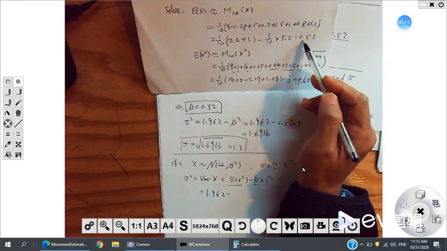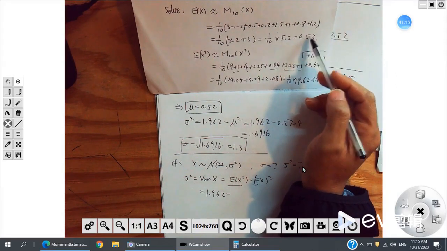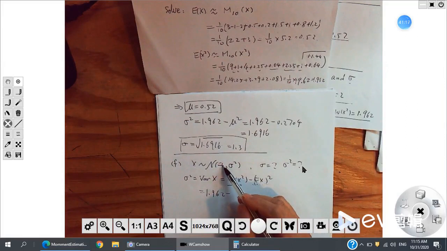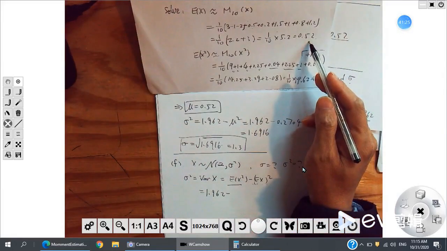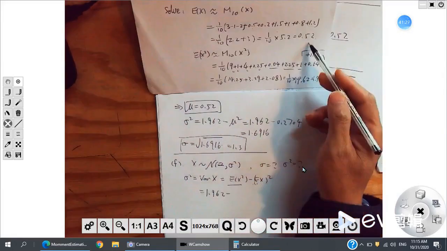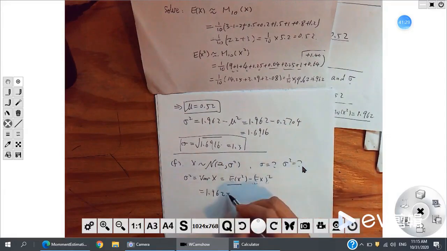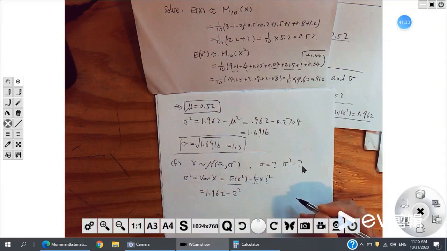But now, suppose you already know the given normal distribution, and you know mu is 2. Then you do not need to estimate it. The estimate, actually, is poor, it's not good. The difference from 2 is quite large. Then I just use 2 squared.